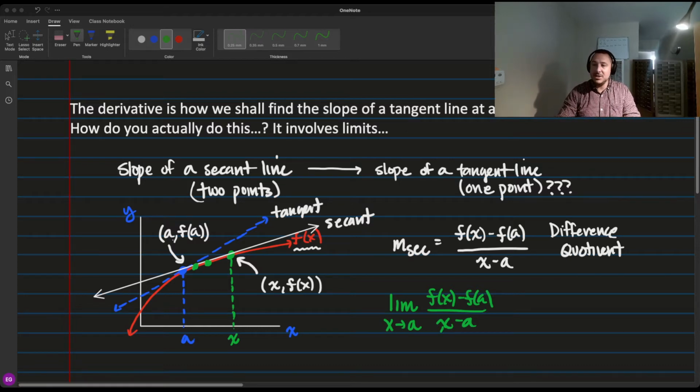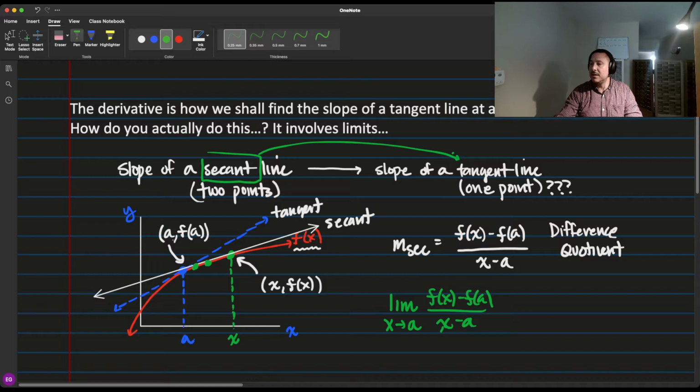It somehow takes your secant line and turns it into the tangent line. It started off as a secant line with 2 points, but because you took the limit as x goes to a, the x point is indistinguishable from the a point after you take the limit and you only actually have 1 point.